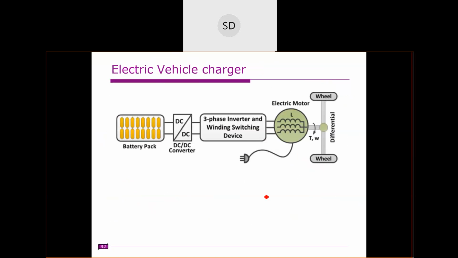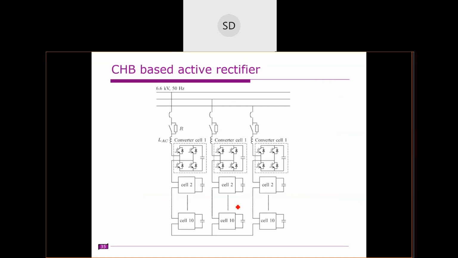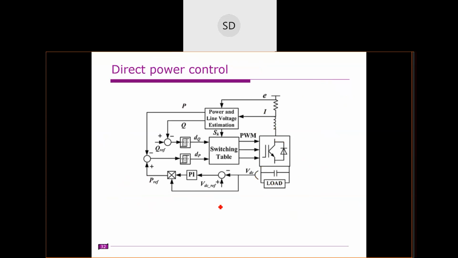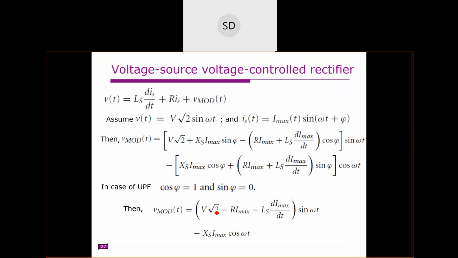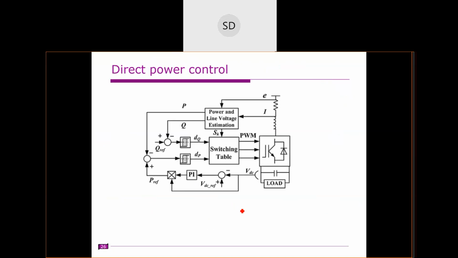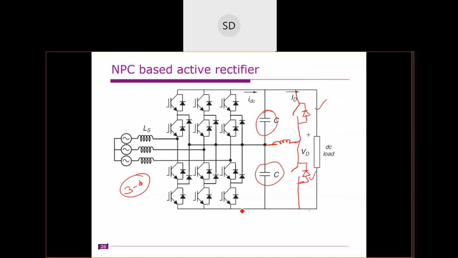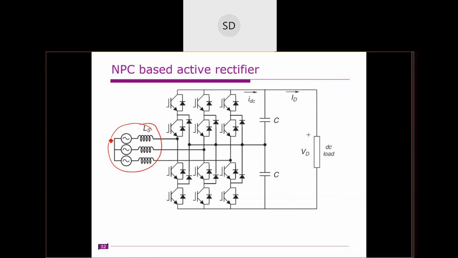So whenever there is some angular difference, how do we create this angular difference? So this is an AC source. We assume that this inverter is also an AC source.